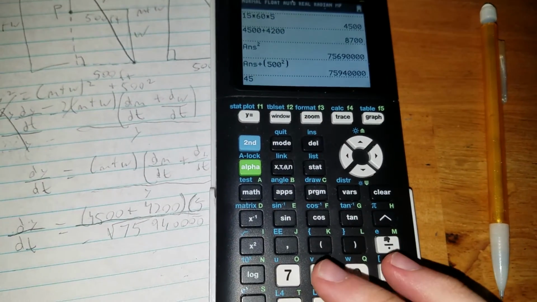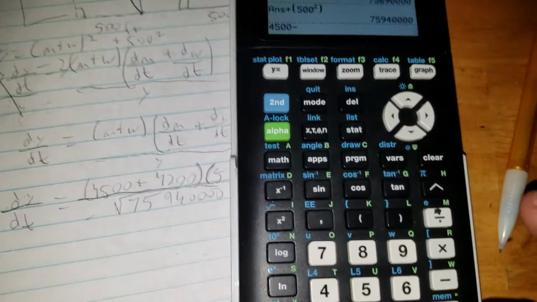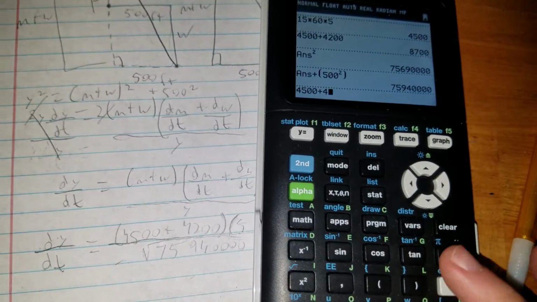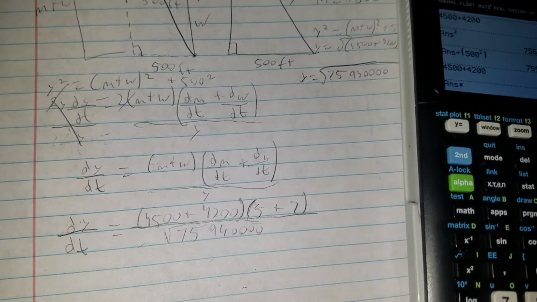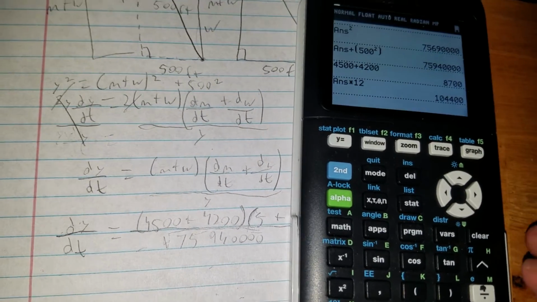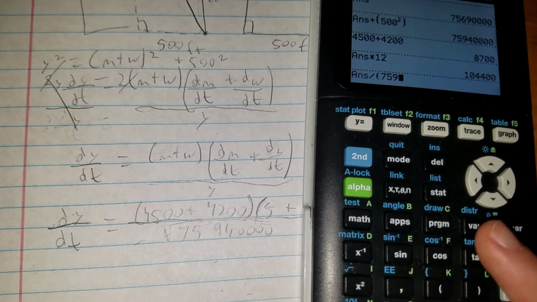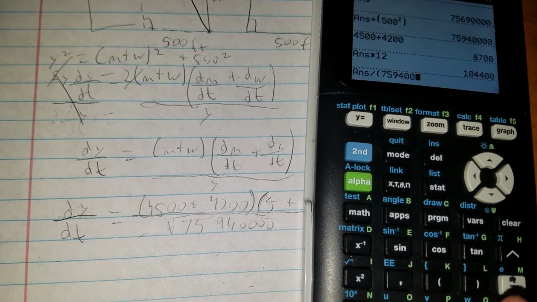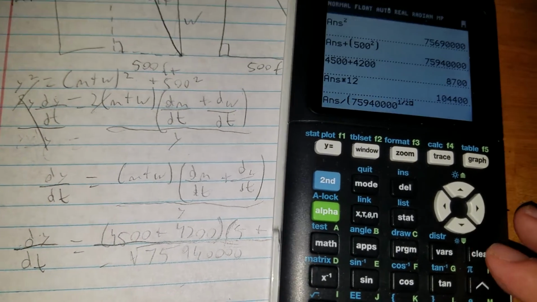Let's see, 4,500 plus 4,200, multiplied by 5 plus 7, which is 12. And then we divide it by 7594 with four zeros, square rooted, so to the 1/2 power.